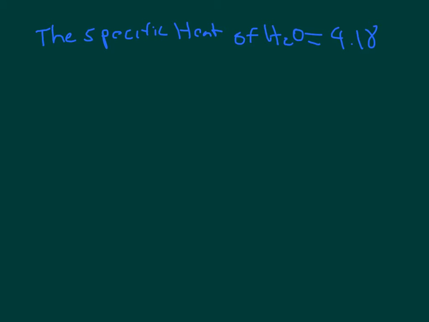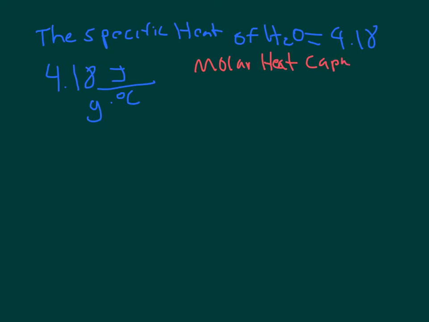Now remember we have to include the units: 4.18 joules over grams multiplied by degrees Celsius. And it's asking us to solve for the molar heat capacity, which has the units of joules per moles times Celsius.